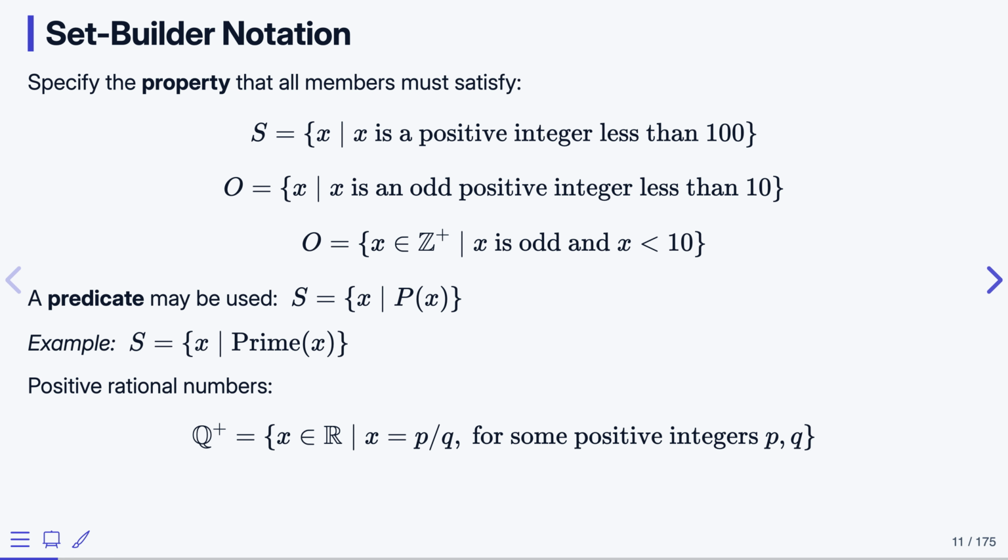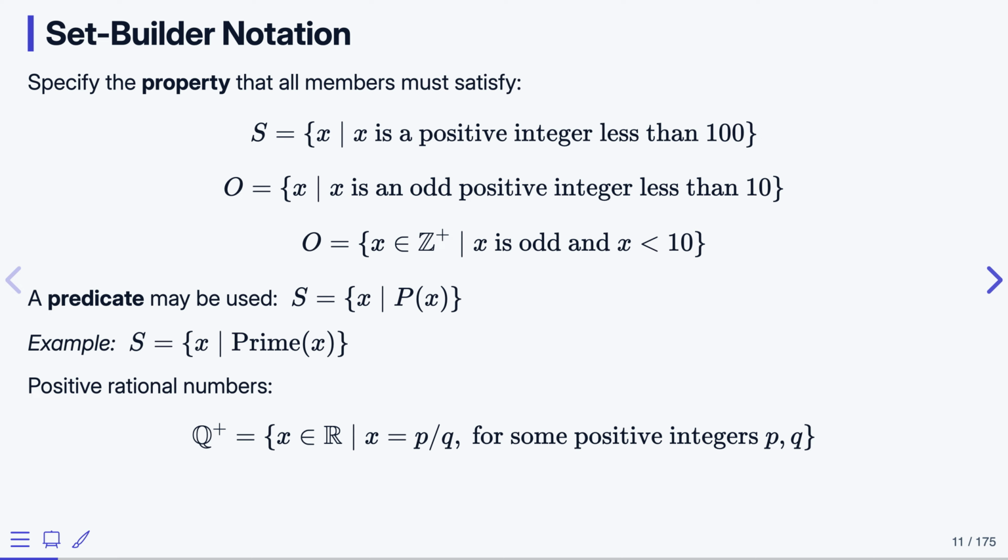The second way to describe a set is set builder notation. Instead of listing the members, we state the property that every member must satisfy. We write a curly brace, then a variable such as x, then a vertical bar read as "such that," then the property, then a closing brace.